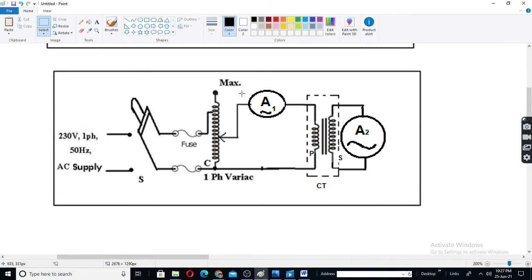In a CT, we cannot draw this figure, because load is applied in the primary. You have to apply load in the primary here. Okay, now what happens here? Say this is the load.